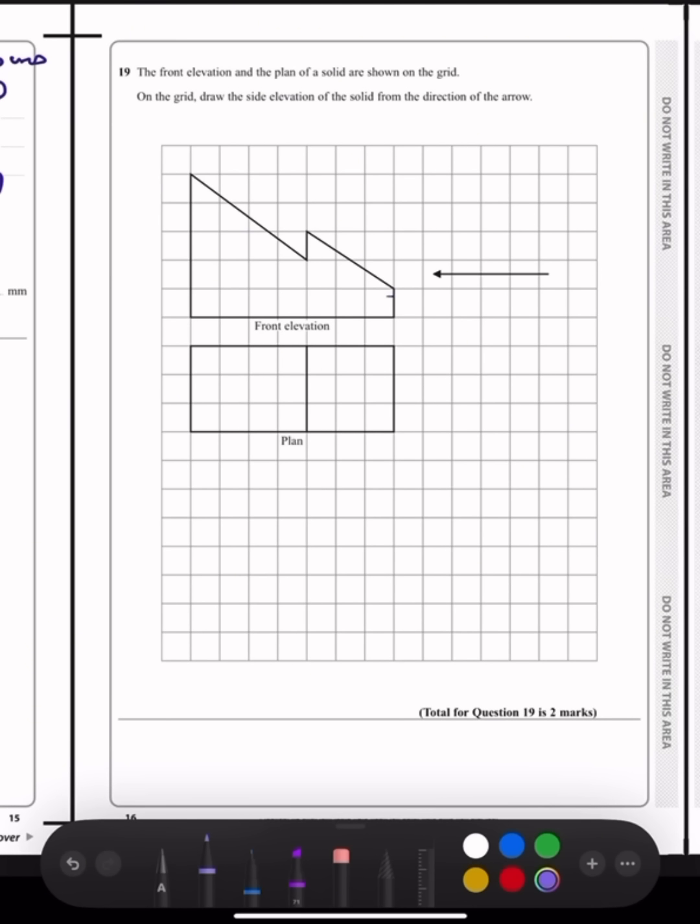You'll do 3 boxes here, 2 boxes down, 2 boxes down, line across, 2 boxes down, 2 boxes down, line close, 1 box down, 1 box down, close. And that will be your answer.